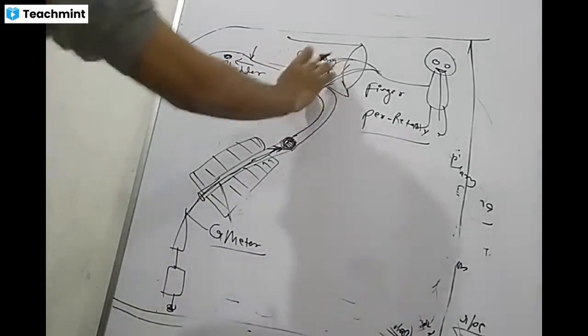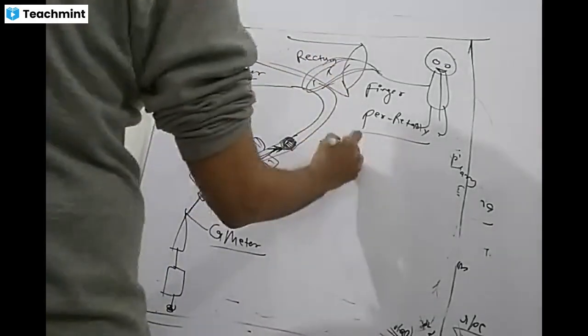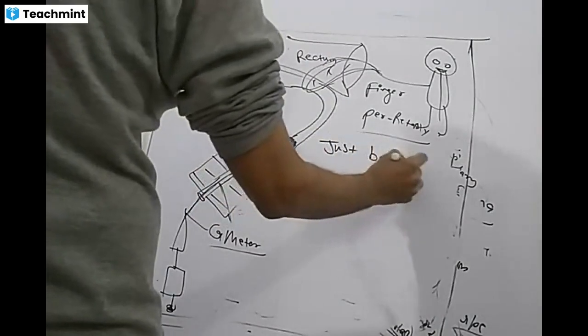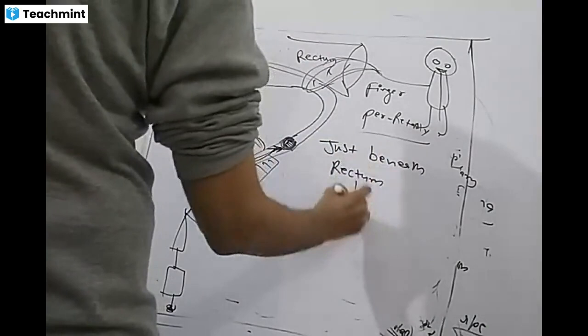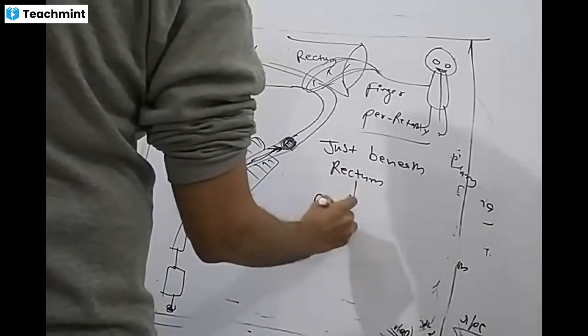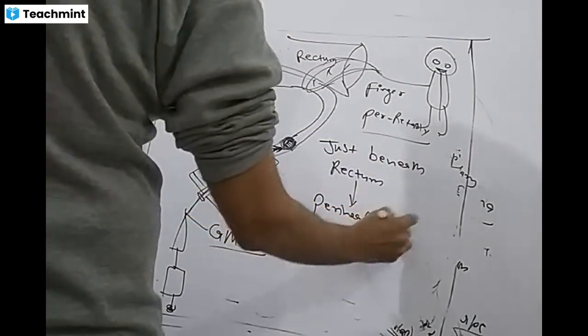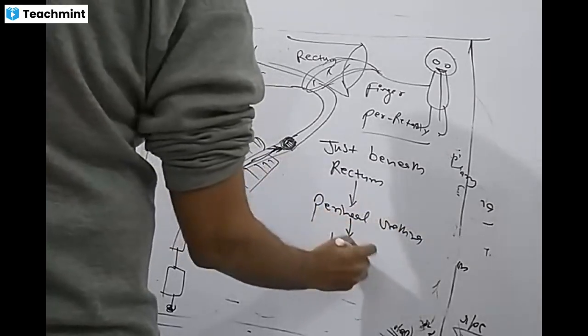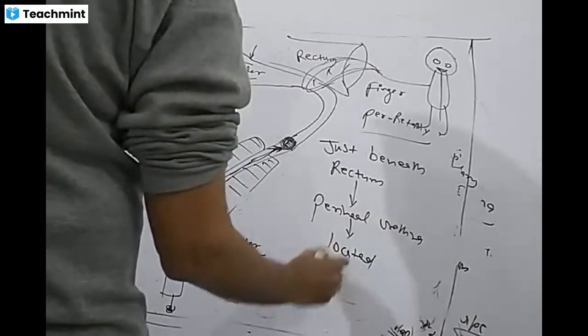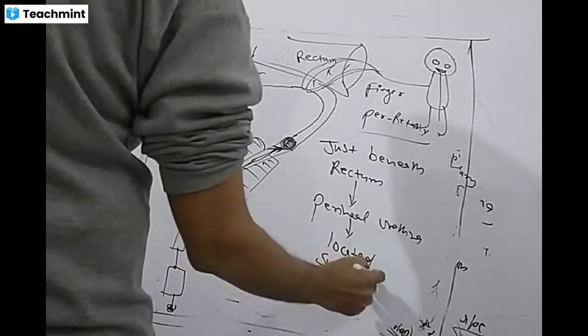So at this area, just beneath the rectum, perineal urethra is located superficially.